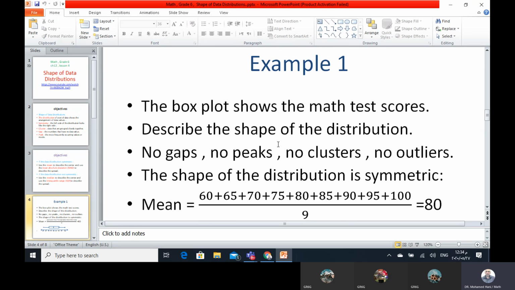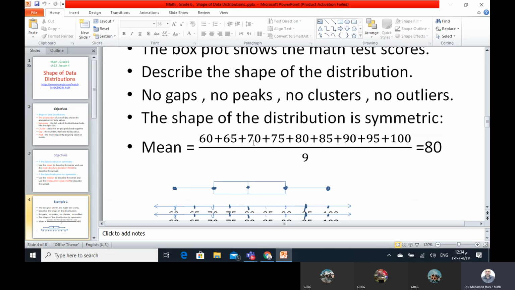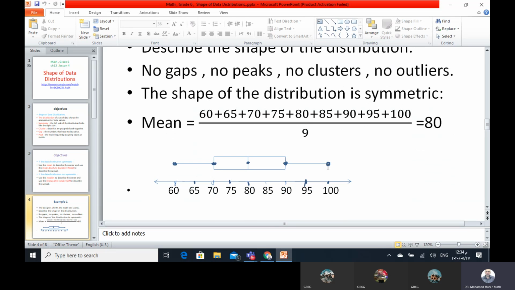The question here: the box plot shows the math test scores. Describe the shape of the distribution. When you want to describe the shape, as you have here, we have a box plot.